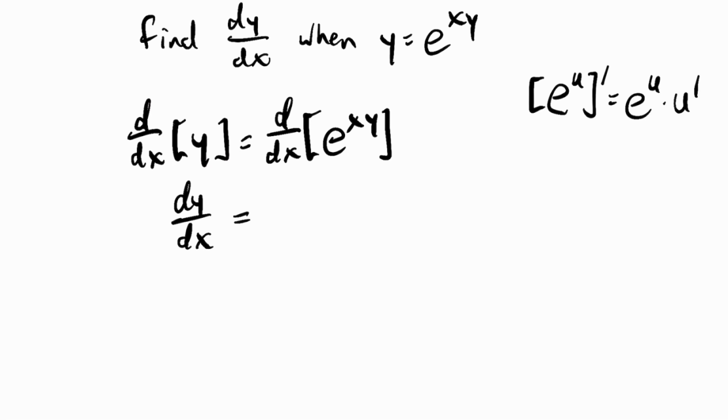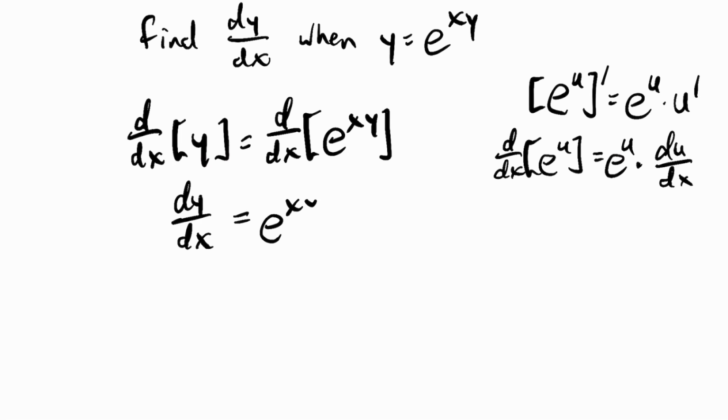So what I really like to write is d dx of e to the u. This is e to the u, because the derivative of e to whatever is just e to whatever, times du dx, the derivative with respect to x of whatever the exponent was. So in this case, that is going to be e to the xy power. Nothing happens to the inside function when you find the derivative of the outside function, times d dx of x times y.